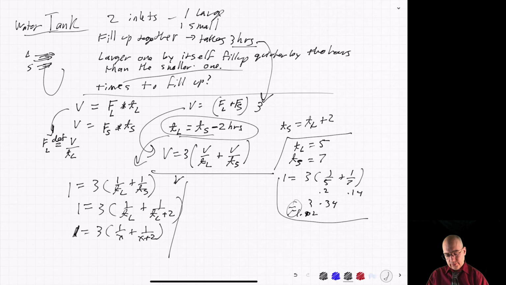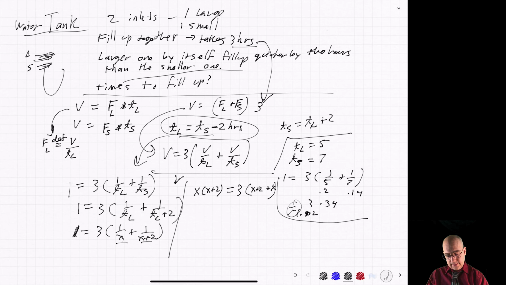However, how would we do this algebraically? Well, the common denominator here is x times x plus 2. So we just multiply everything through by that. And we have 3 times, we have x plus 2 plus x.